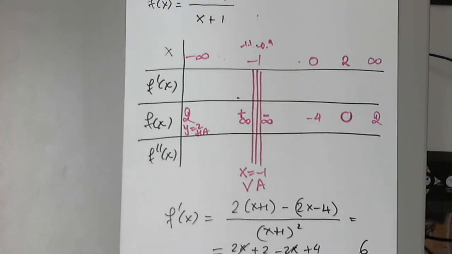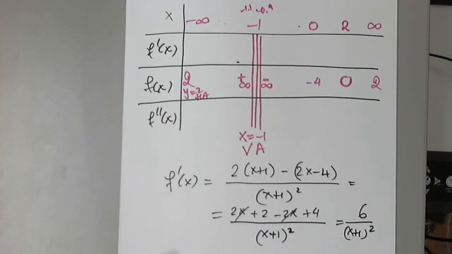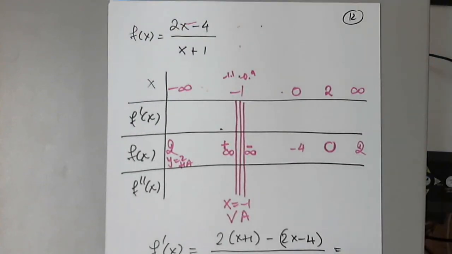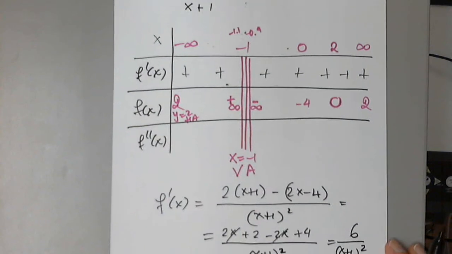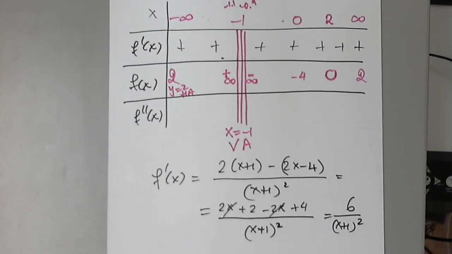What does this say about the function? Exactly, which means that the function is always increasing. No critical numbers. The derivative is undefined at -1, but so is the function.